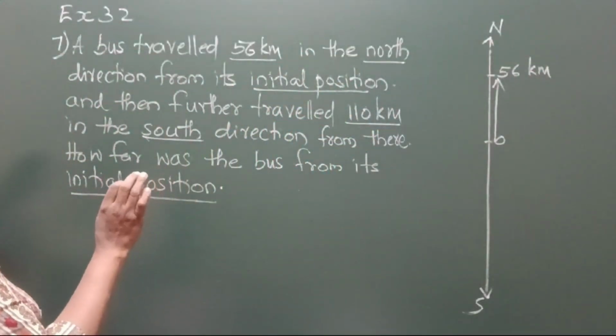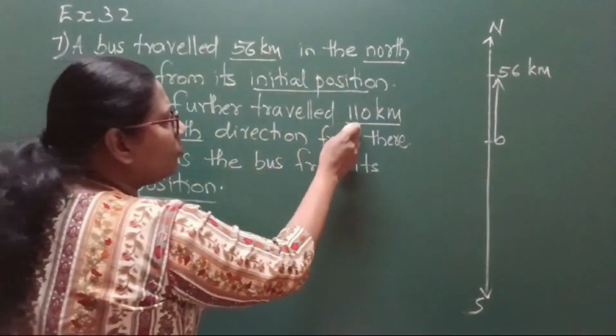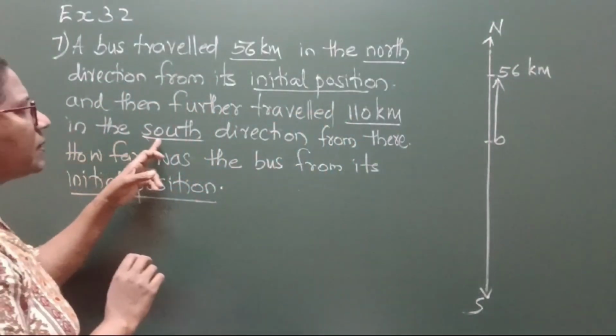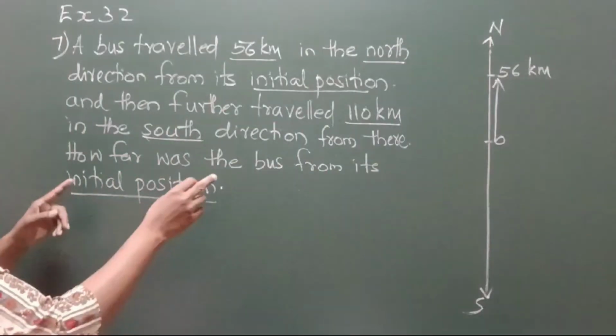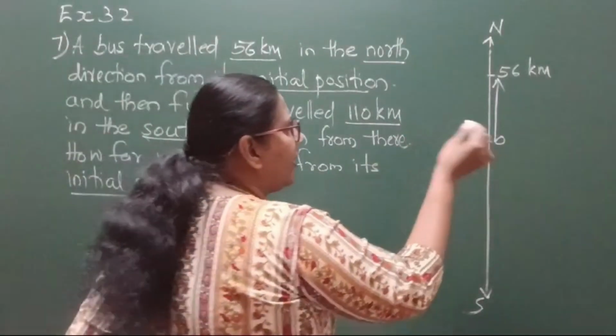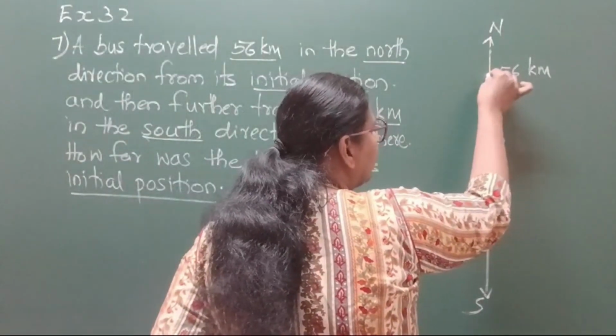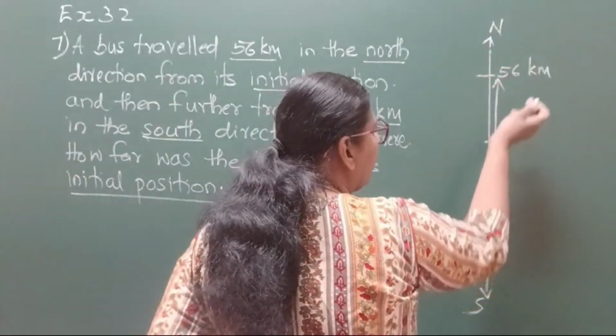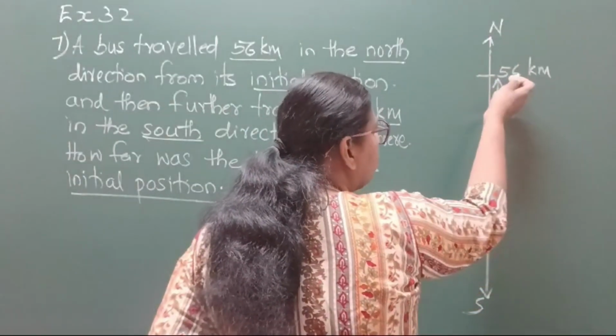Then further travelled 110 kilometer in the south direction from there. From where? From this 56 kilometer. The bus travelled from the initial point to north 56 kilometer.